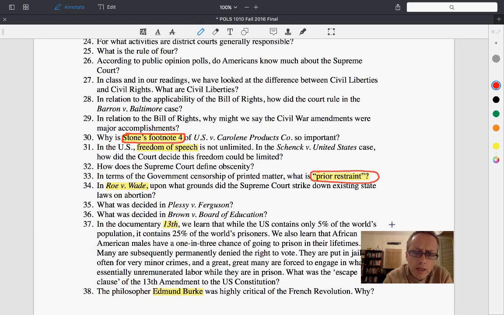Roe versus Wade: upon what grounds did the Supreme Court strike down the existing laws on abortion?